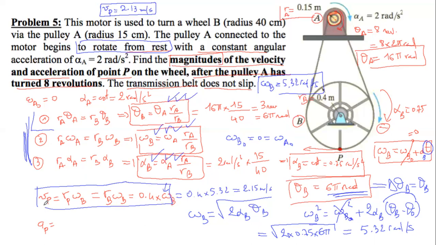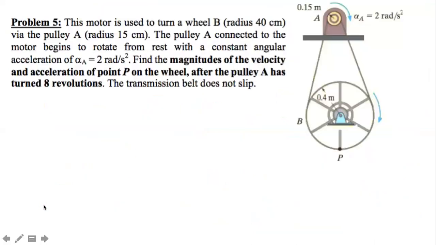Don't forget, if we have constant angular acceleration, let me just clean the sheet. If you have constant angular acceleration, you have your three formulas. You remember the three formulas. Alpha is constant. So omega at any time is omega 0 plus alpha t. That's equation 1. What is equation 2?